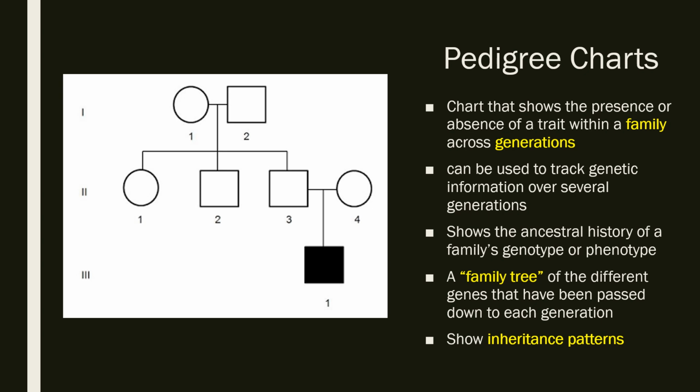That chart is showing us a family across multiple generations, and based on whether or not that shape is filled in, we can tell what individual has what trait. So think of a pedigree chart kind of like a family tree of inheritance patterns. Based on what an individual has in generation 1, they will pass that down to generation 2, and they will then pass that down to generation 3.